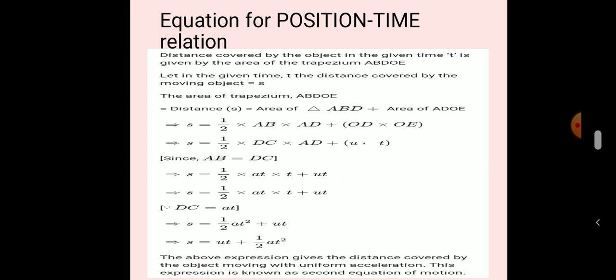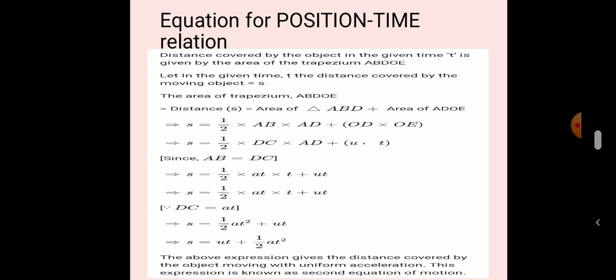The distance traveled by the object is obtained by the area enclosed within this trapezium A, B, D, O, E. Let in the time t, the distance covered by the moving object be S.